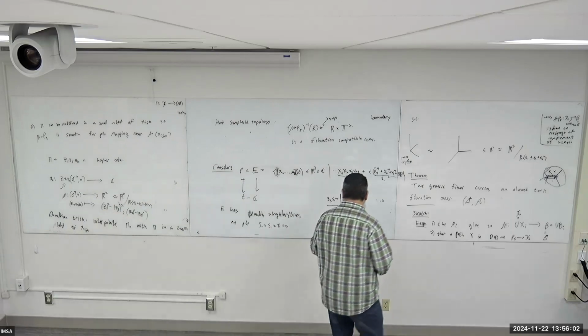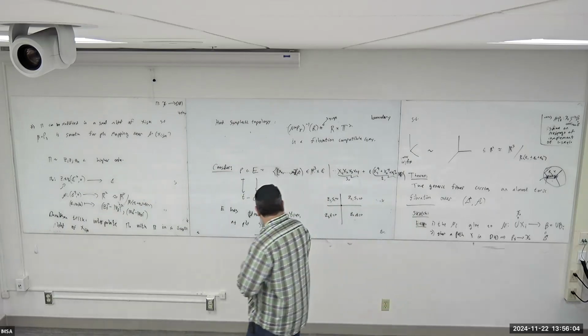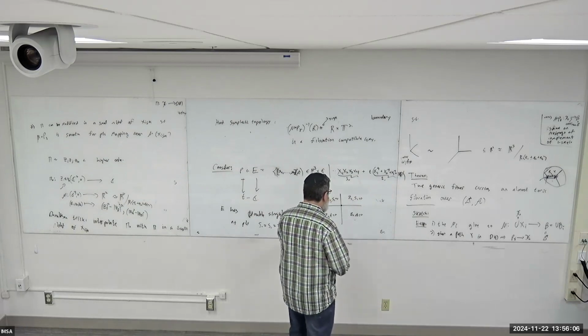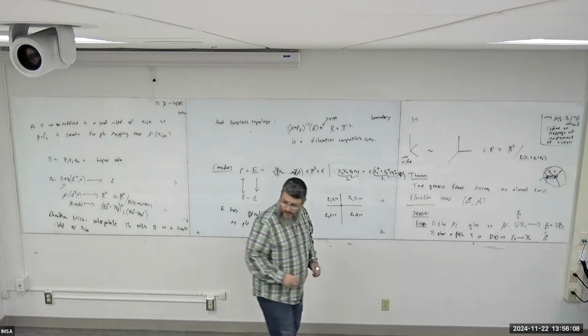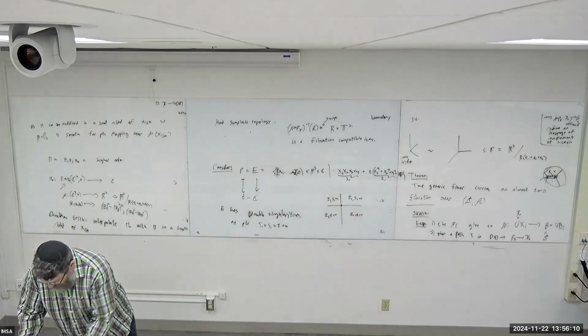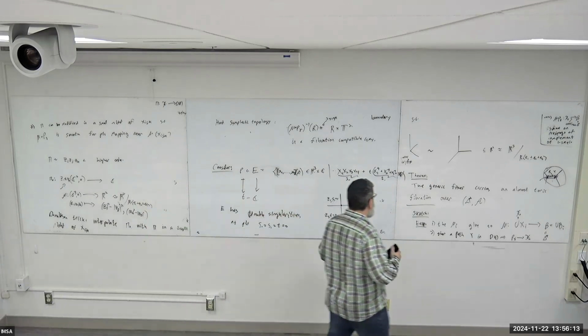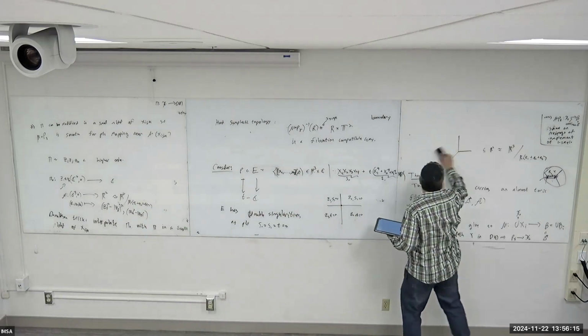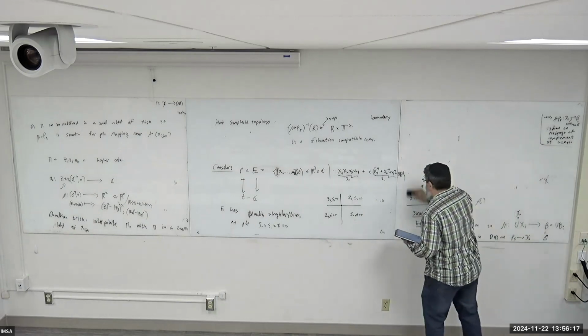There's a local model for resolving it, so let me draw another drawing. This can be resolved by something called a small resolution.